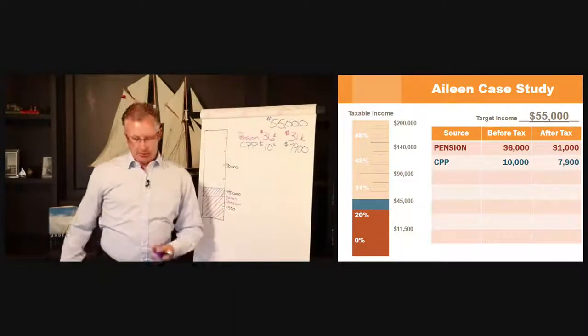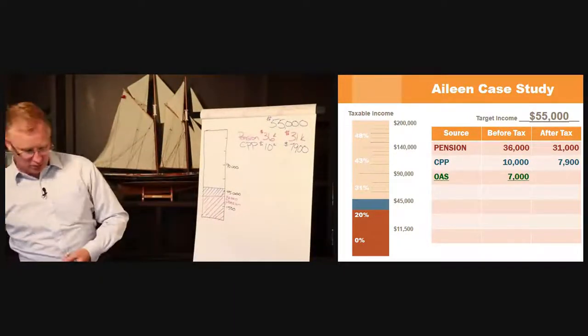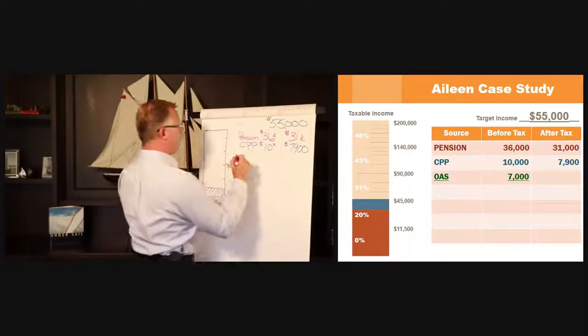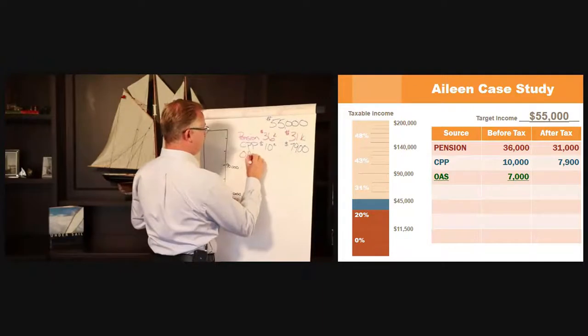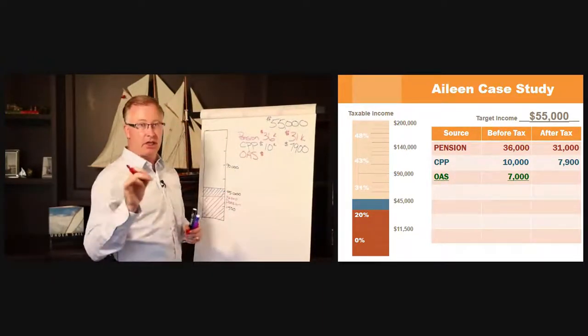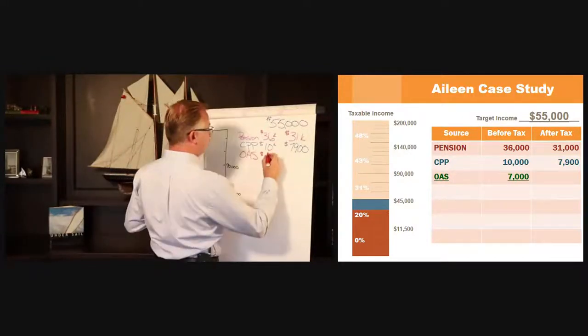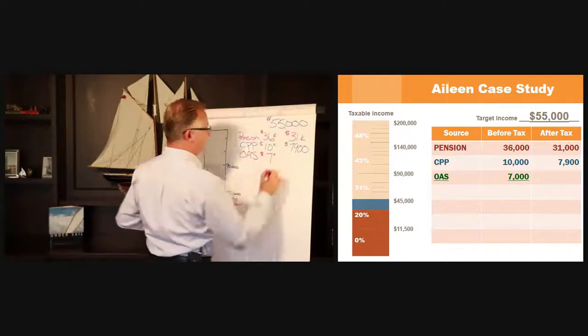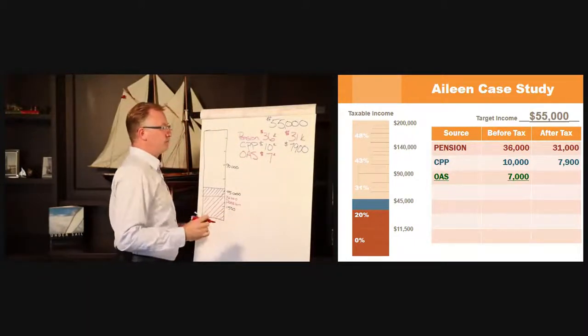Okay. Next is old age security. What color is old age security? We'll make that color red. So old age security. So she qualifies because she's 65. She can now start collecting old age security, and she qualifies for the full amount because she's been in Canada all her life. So she's going to get $7,000.